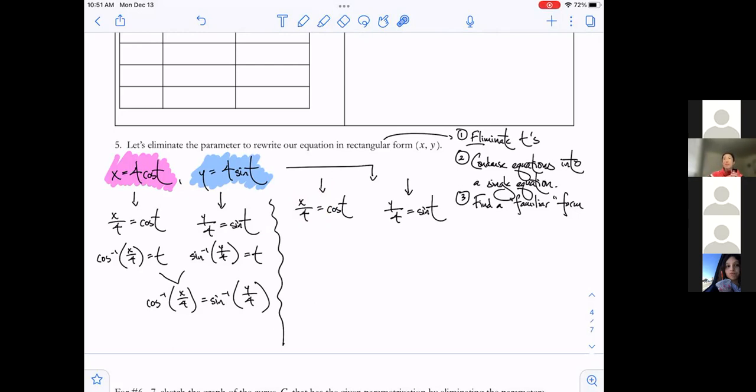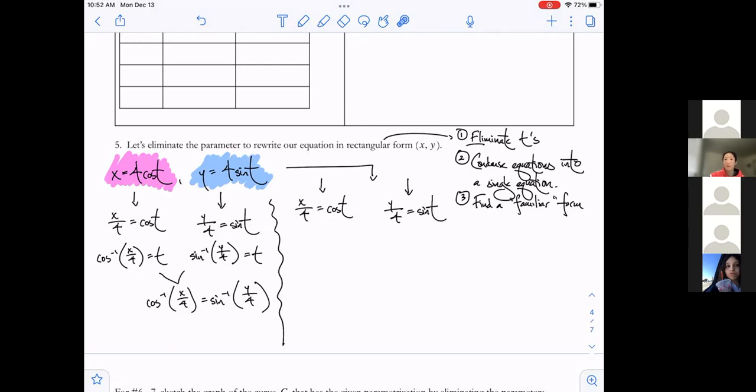Give me some more. What other relations do we know, or identities do we know, that relate cosine and sine? Tangent does have both of them, yep.